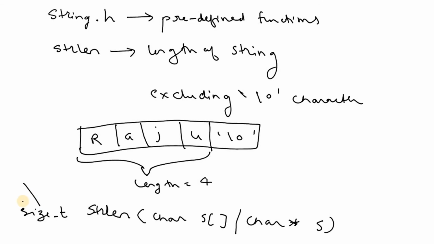Anywhere in C language, size_t is nothing but an unsigned data type, an unsigned integer value. Previously we called it size_t, now we call it unsigned integer.